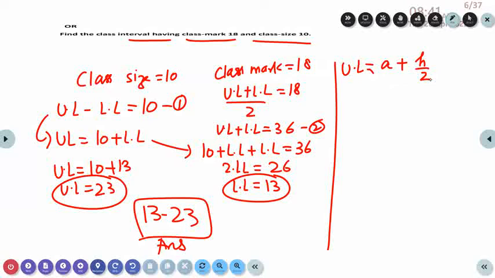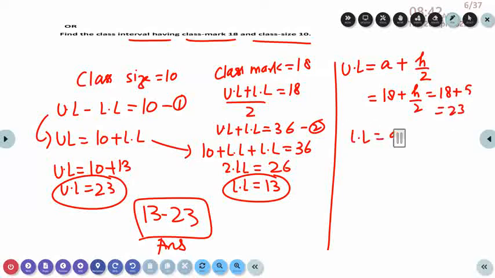Now we can take out 4 common. On taking out 4 common, it will be mp plus nq whole square minus m square plus n square into p square plus q square. This will be equal to 0. Now expand the identity.